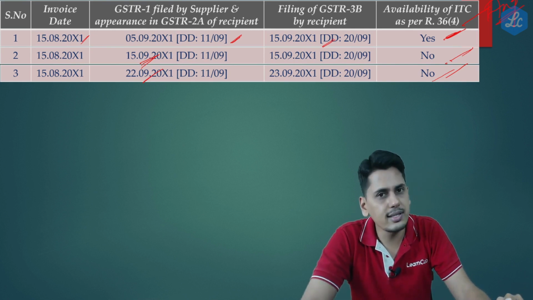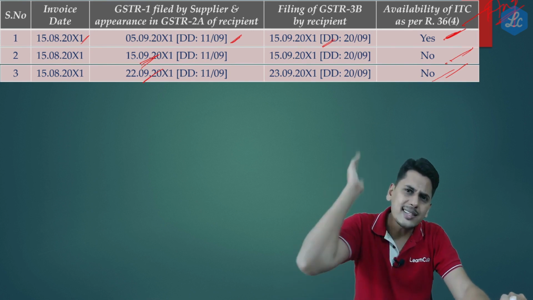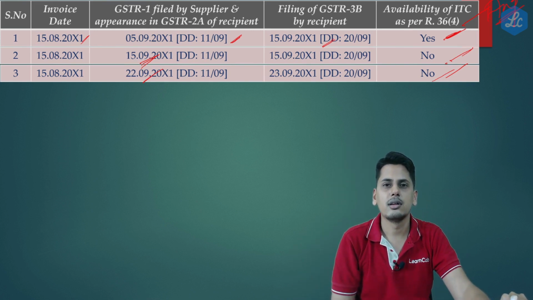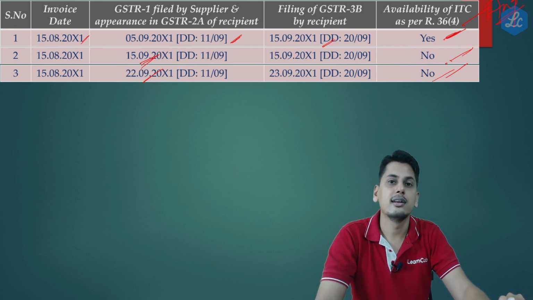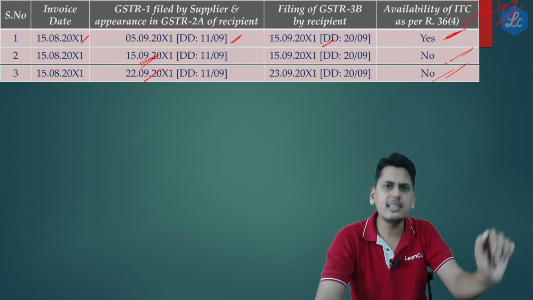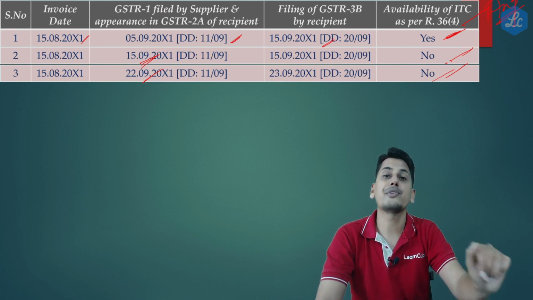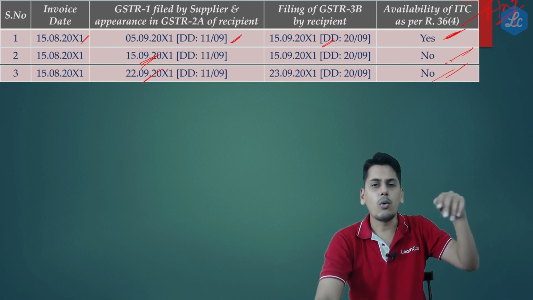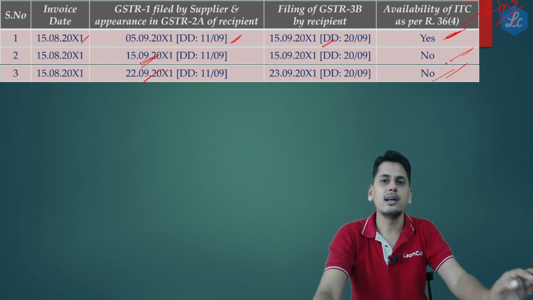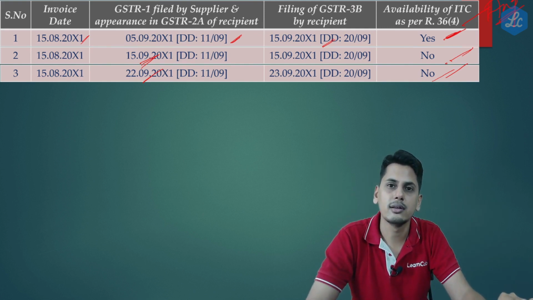When GSTR2A is a dynamic document, how am I supposed to know which supplier has filed their GSTR1 within the due date, which supplier has filed their GSTR1 after the due date? Because whatever suppliers filed in their GSTR1, it is going to appear in my 2A.